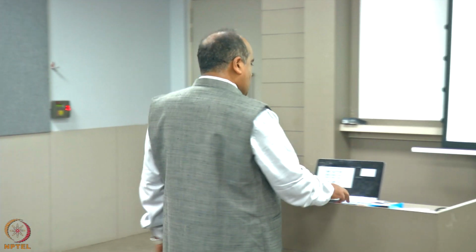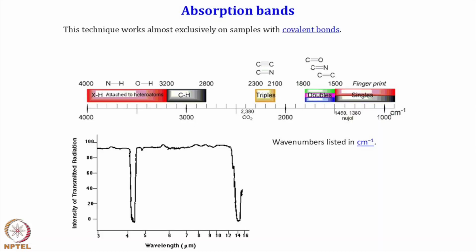Therefore they correspond to a particular frequency which is the signature of a functional group, right. CH2 is a functional group. Based on that, people have done extensive research to find out what comes where. For covalent bonds, you can find the region around, say, 1000 centimeter inverse; as I told you, in FTIR the frequency is represented as wave number in centimeter inverse.